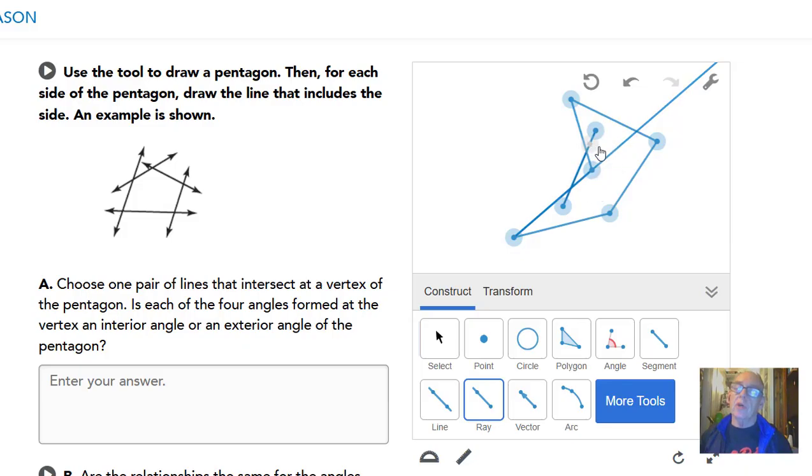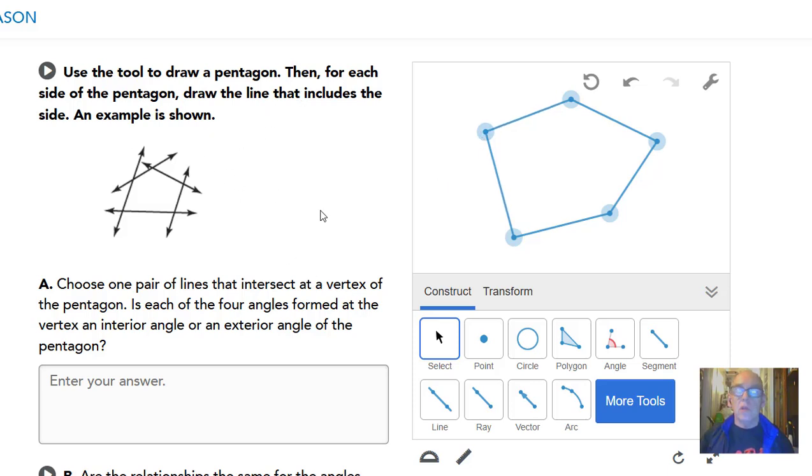That's another way that we can check for a concave polygon: if you have one angle inside that's bigger than 180 degrees. Okay, so most of what we're going to be dealing with are the convex polygons.